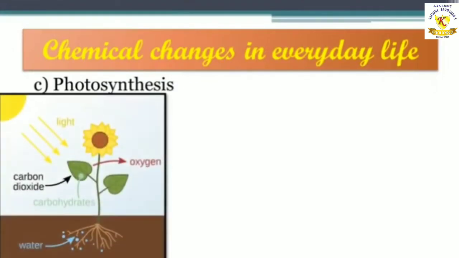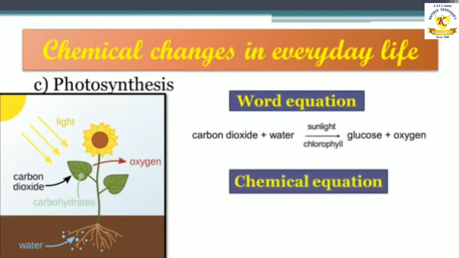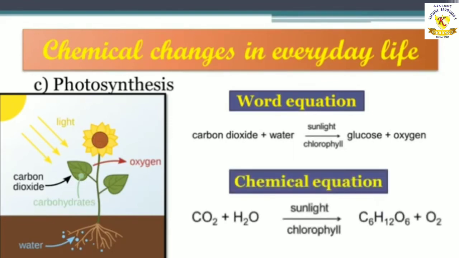photosynthesis. You know that green plants perform photosynthesis in sunlight, right? So a word equation and a chemical equation that is unbalanced can be written in this natural chemical change. That is carbon dioxide plus water in the presence of sunlight and chlorophyll will give us glucose plus oxygen.